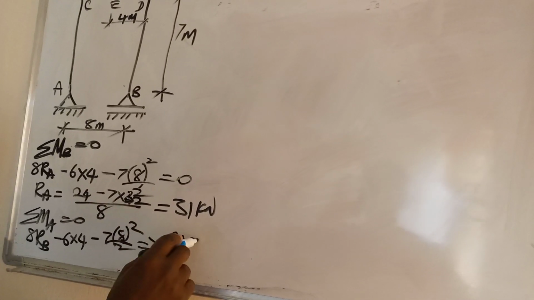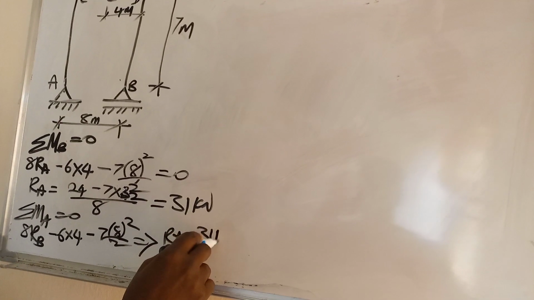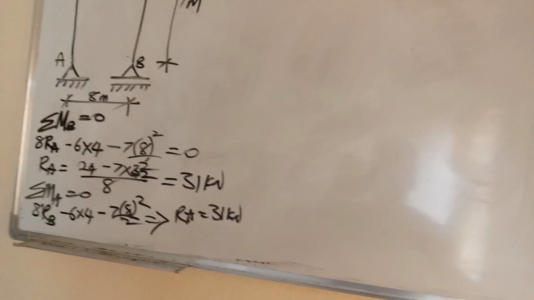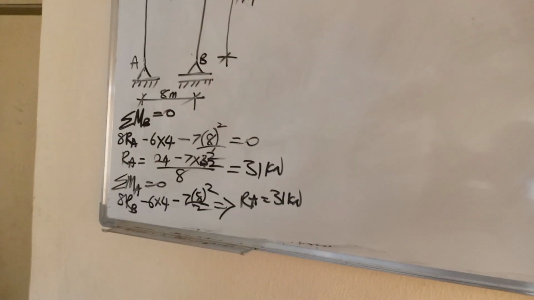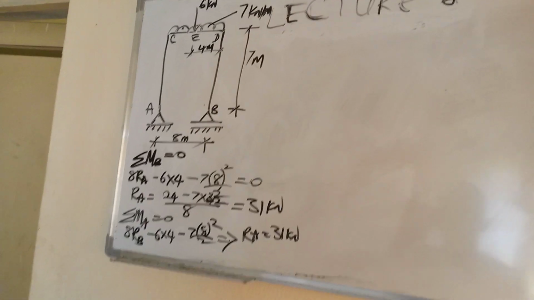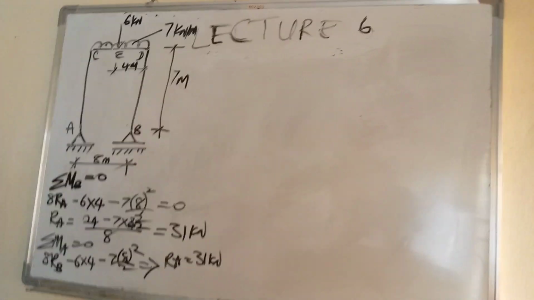RB is equal to 31 kilonewton, and RA is also equal to 31 kilonewton. So now we have gotten the reactions.